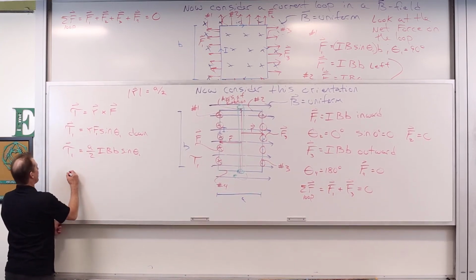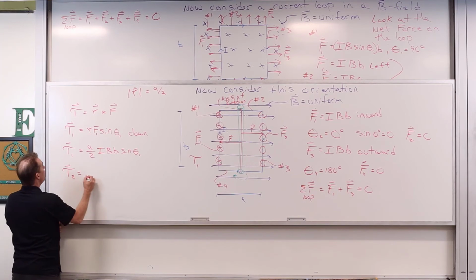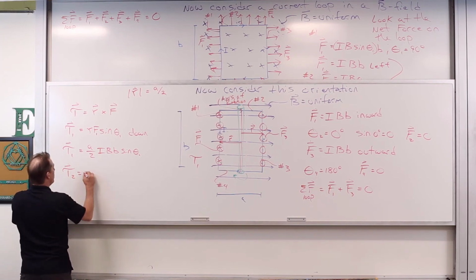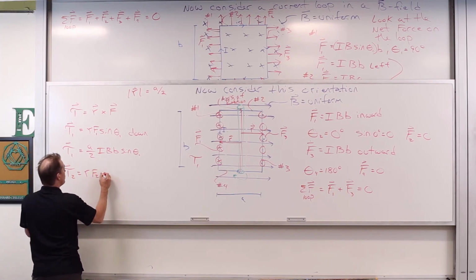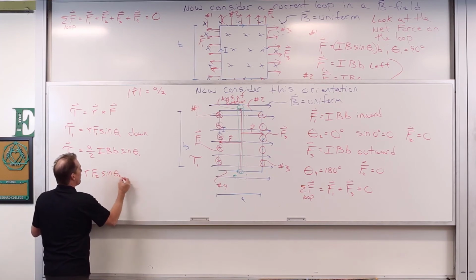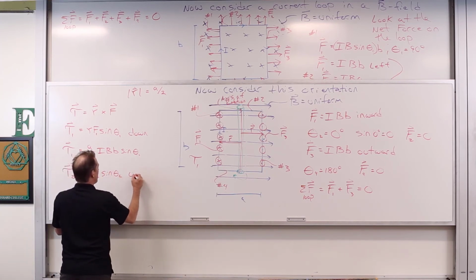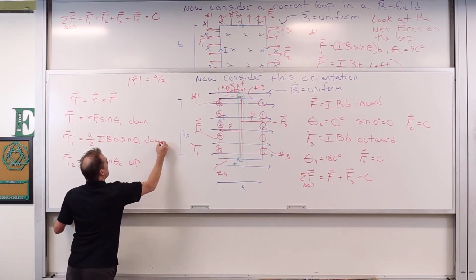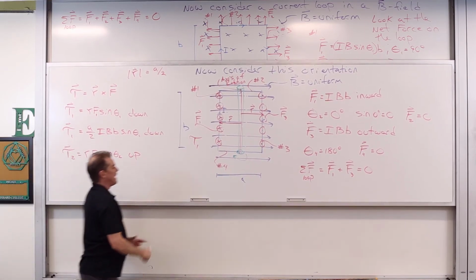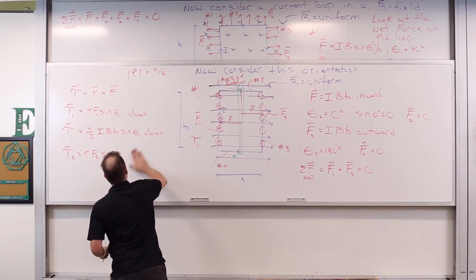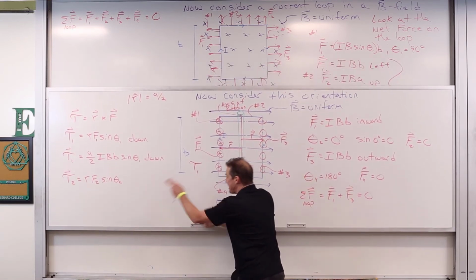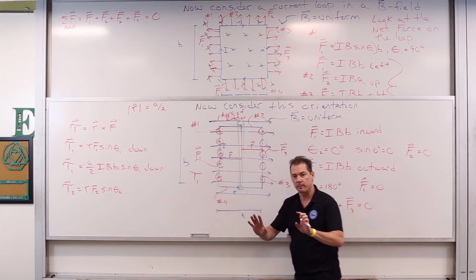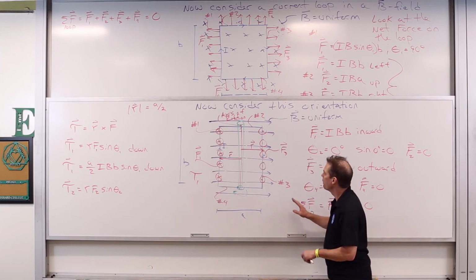Anyways, we've got that, and then we've got ourselves that tau 2 is going to be equal then to R times F2 times the sine of theta 2. How do I know the direction? What direction is this torque? Gotta slow down sometimes. Take a breath.